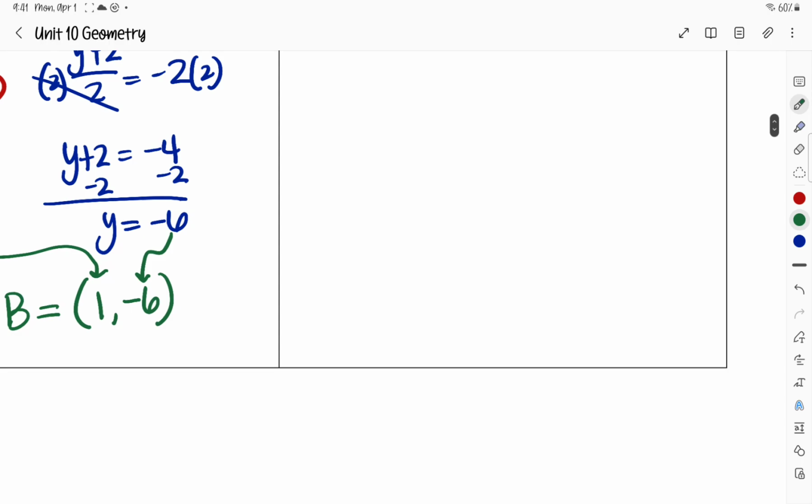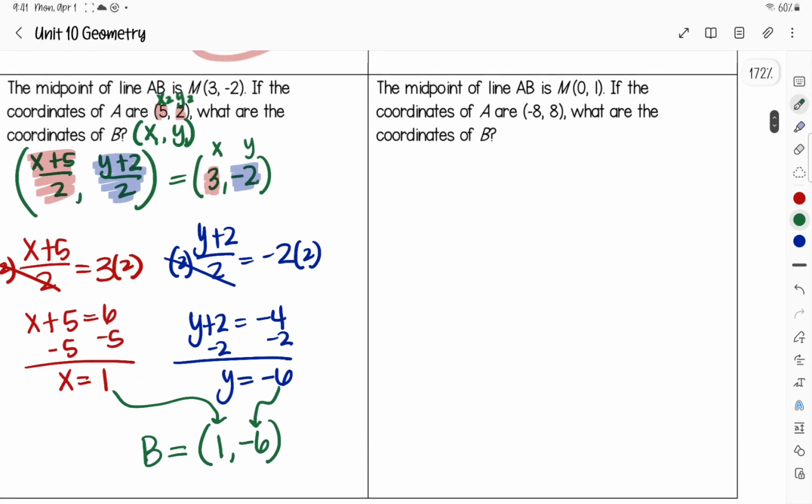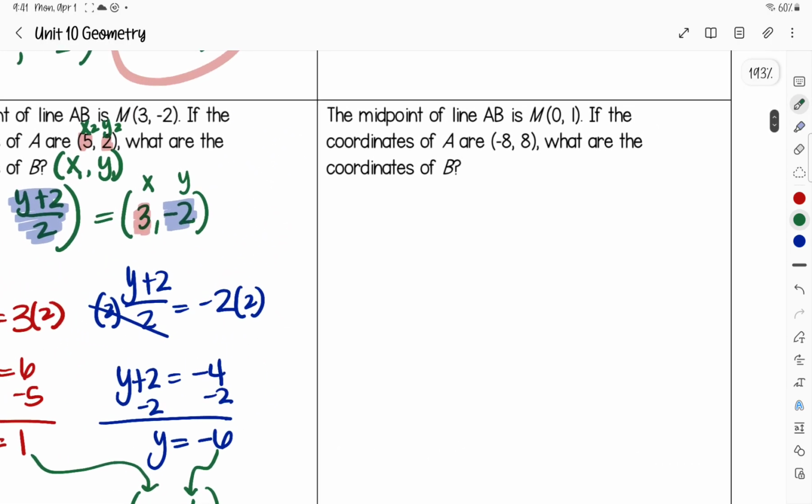Let me show you another one, because I know that one can be a little tricky. It says the midpoint of line AB is the point M, which is 0, 1. If the coordinates of A are negative 8, 8, what are the coordinates of B? Again, we'll make this one x1, y1 and this one x2, y2. You could do it the opposite way if you want. It doesn't matter.